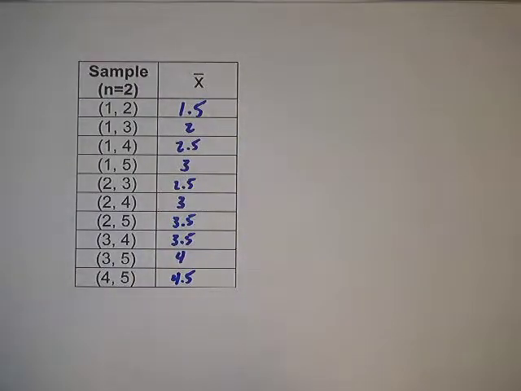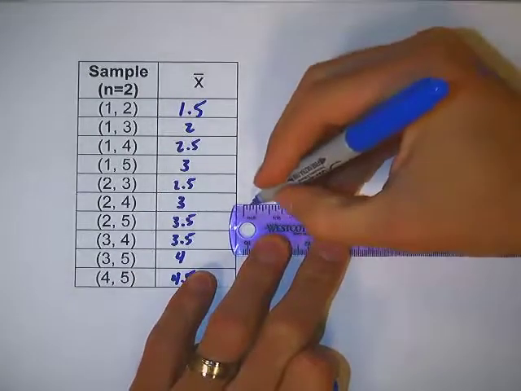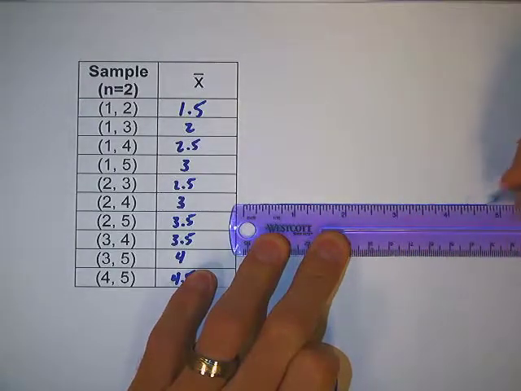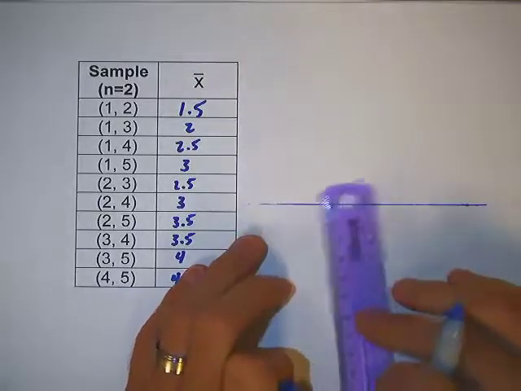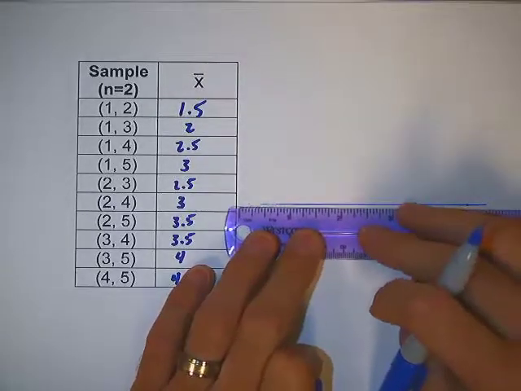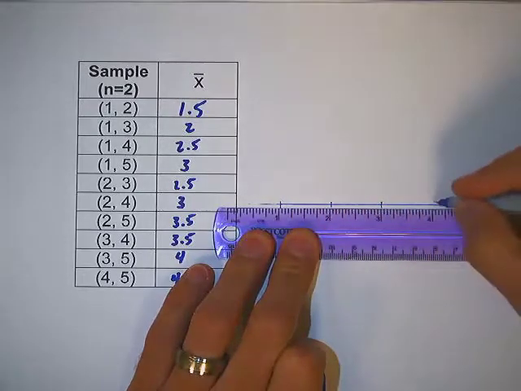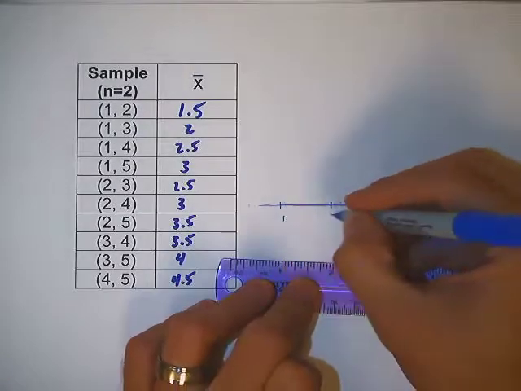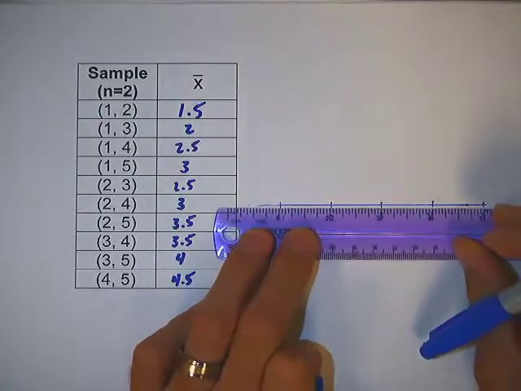Same thing, let's make a dot plot now. Before, we made what's called a simulated or approximate sampling distribution. Now this is going to be the actual sampling distribution. So 1, 2, 3, 4, out to 5, and then we'll mark the half values.